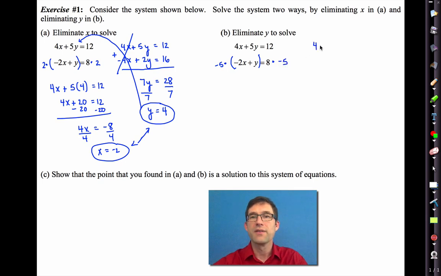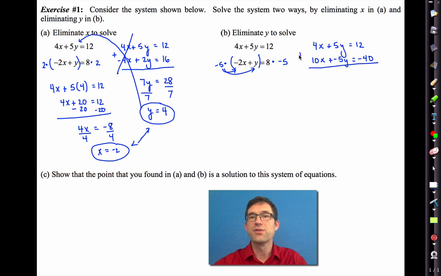Yet again, I'm going to take that first equation and leave it alone. The second equation, again, got to be careful, make sure to distribute. Negative 5 times negative 2x is positive 10x. Negative 5 times positive y is negative 5y. And on the other side, we get negative 40.